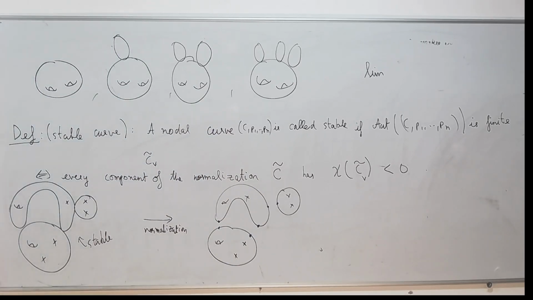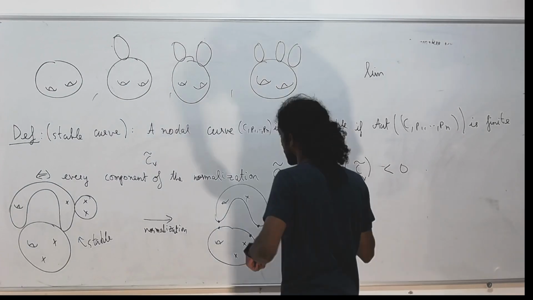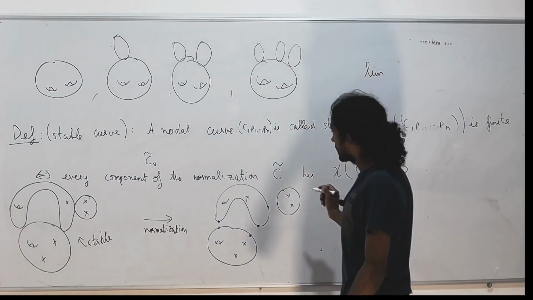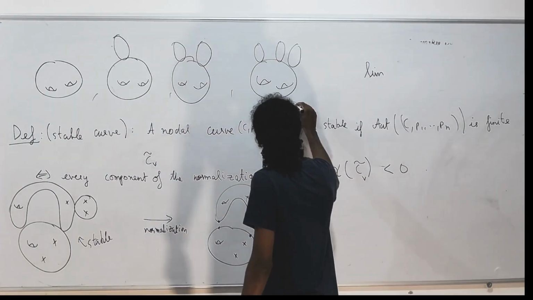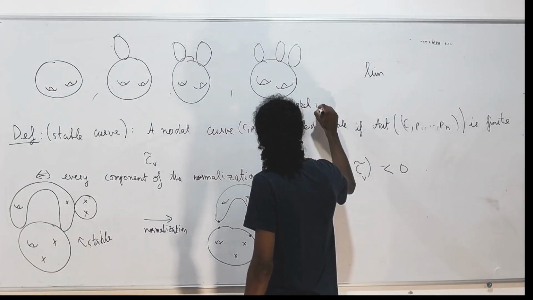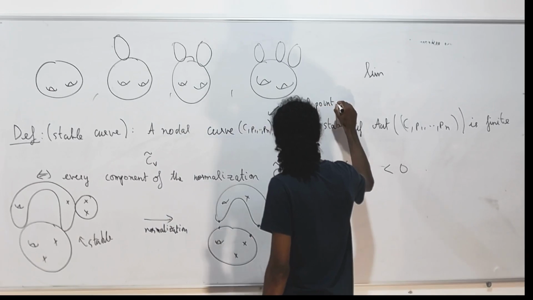That's why I used Q before. I hope I will do that all the time, so if I don't, tell me. That's a good point. Maybe it's worth writing down: marked points cannot be nodes.